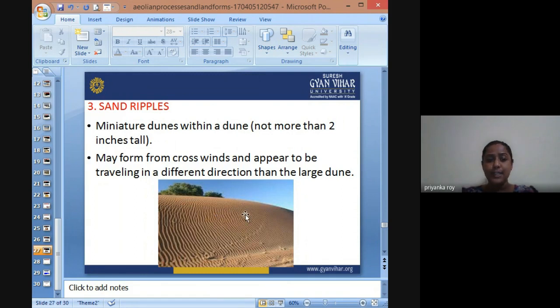If you see in this image, this is a convex area. Here the more predominant wind is moving from this side to this side. But in this image, the convex area is this way.